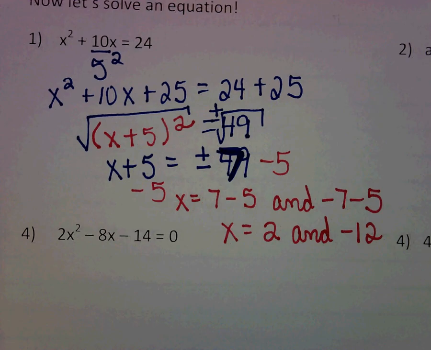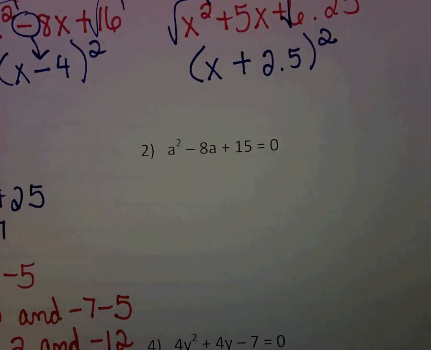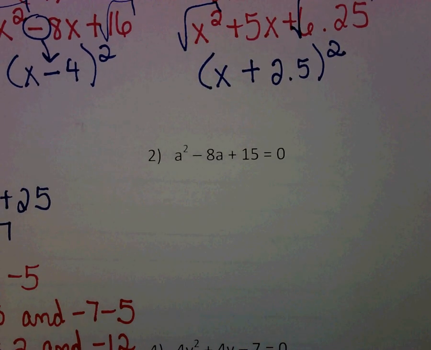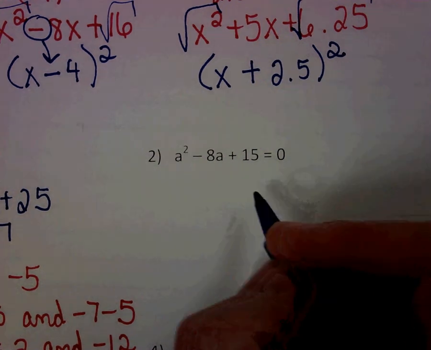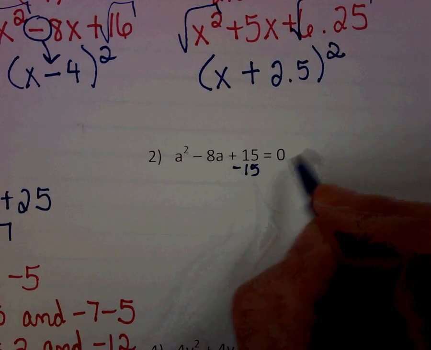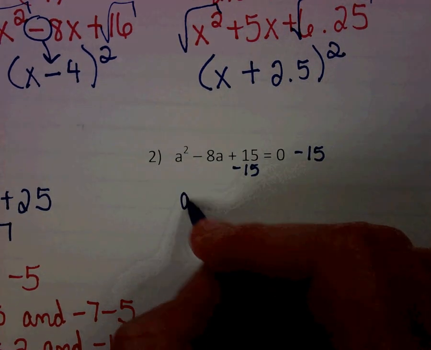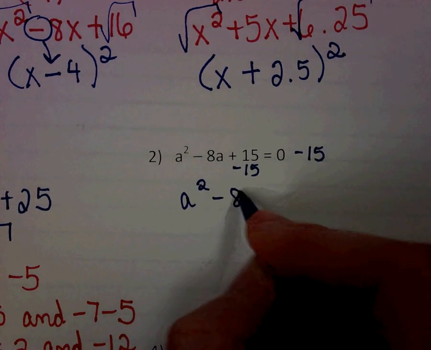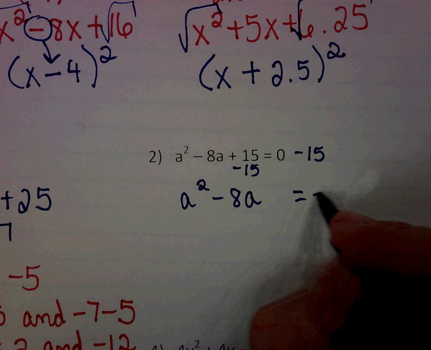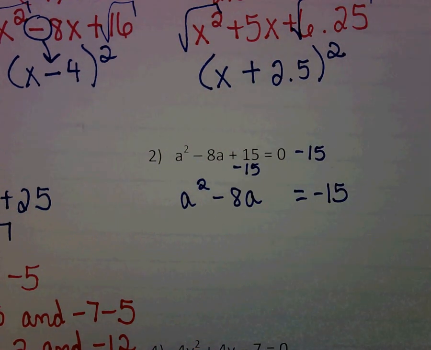Let's look at number 2. First thing we should do is move our c to the right. So this time we are going to have to move our 15 to the other side. So now we have a squared minus 8a equals negative 15. So we're going to complete our square.